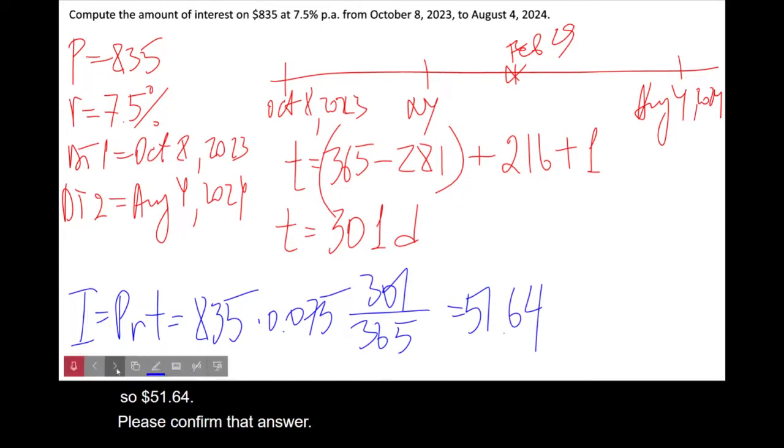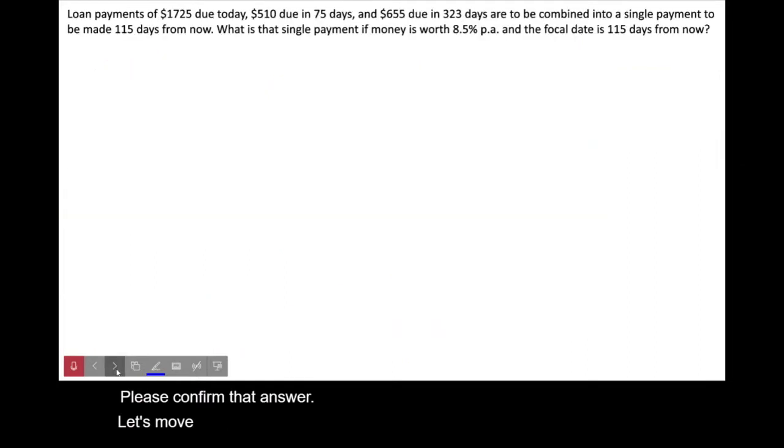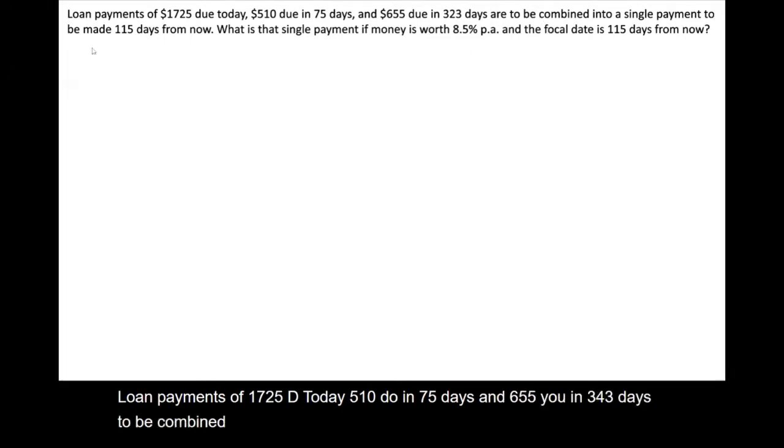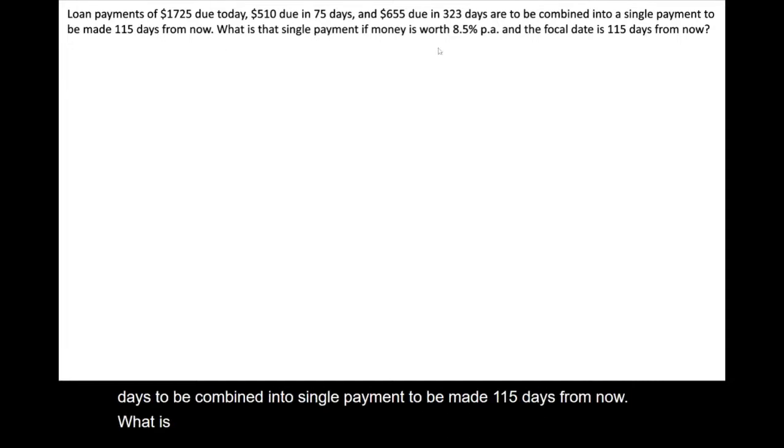Okay, let's move forward. Loan payments of 1725 due today, 510 due in 75 days, and 655 due in 323 days are to be combined into a single payment to be made 115 days from now. What is the single payment if money is worth 8.5% P and the focal date is 115 days from now?